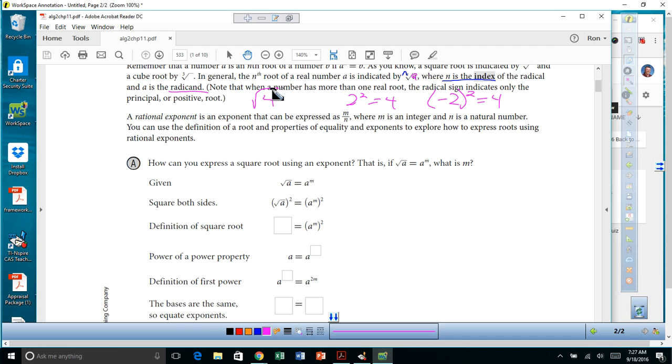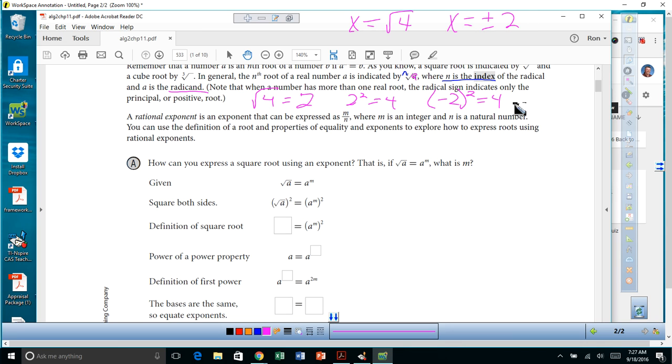But by definition, we're just going to say the square root of 4 is 2. Now, that's a little bit different when we're working with x equals. If you got x equals the square root of 4, you're looking for all possible solutions. So that would be x equals plus or minus 2.